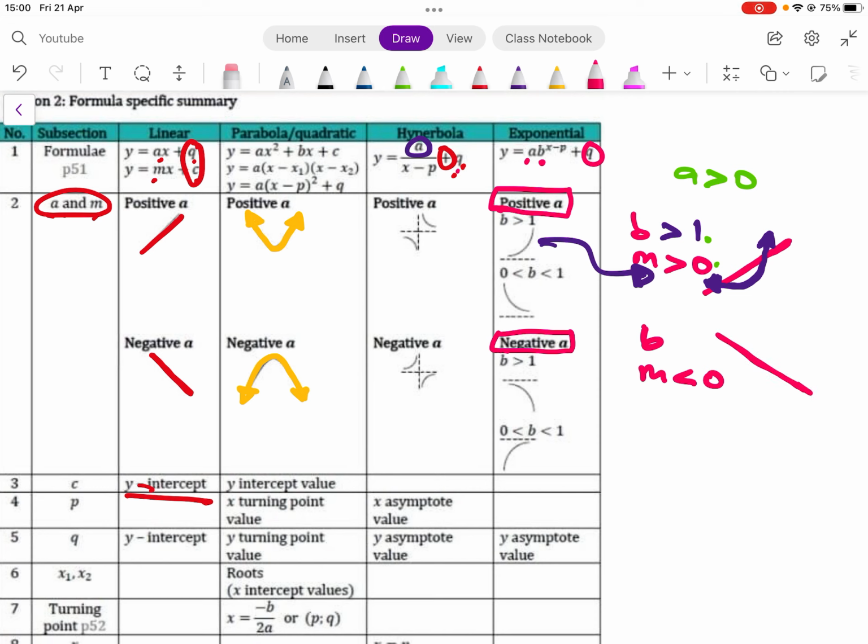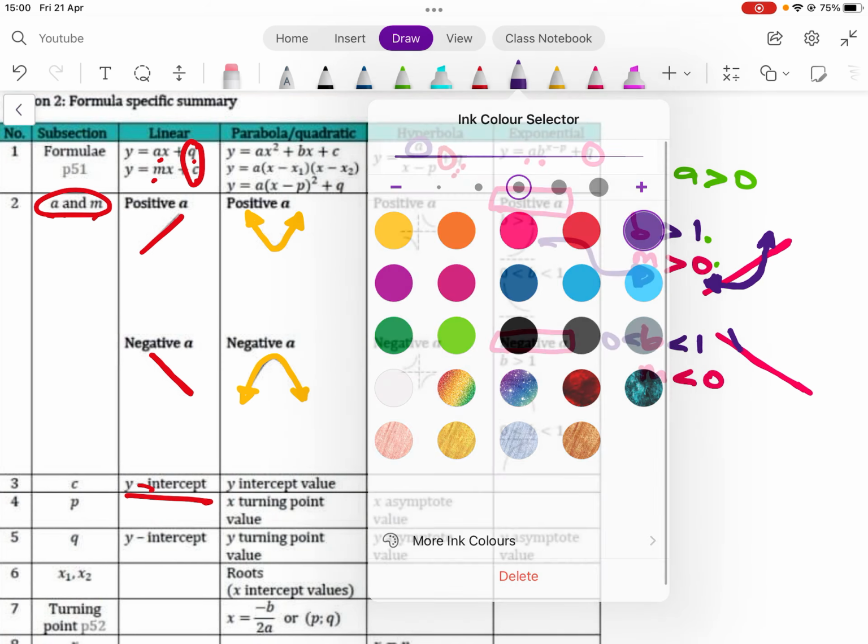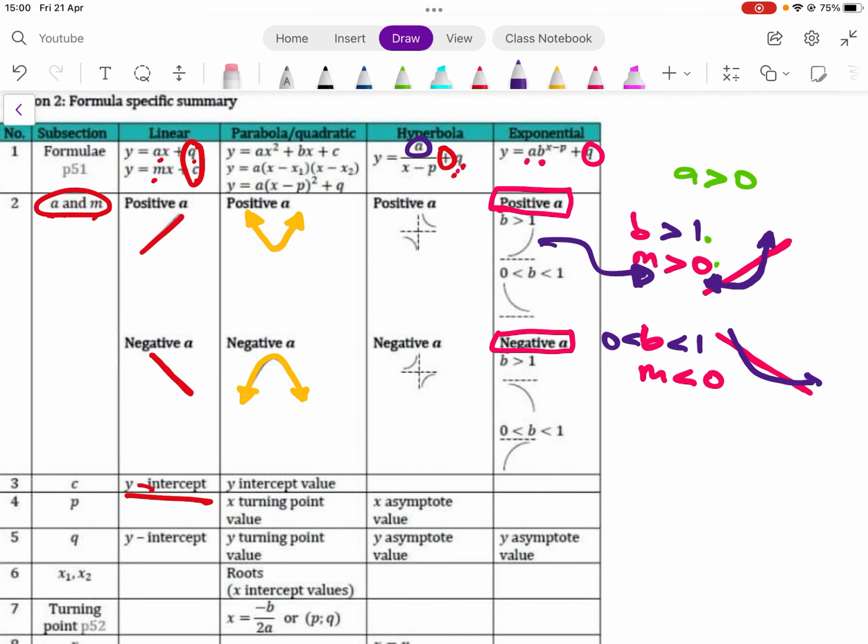That's for negative gradient. And that means B is between 0 and 1. Okay, it's less than 1 but greater than 0, like that. So the shape of the exponential graph is going to be something of this nature. I hope you get the picture. This is just my way of memorizing it. I don't really have a scientific way of explaining it, but it's just a way of making sure that I don't get the shapes wrong.